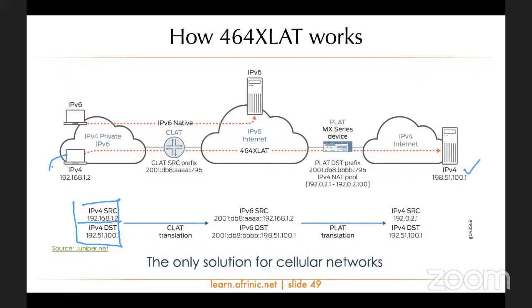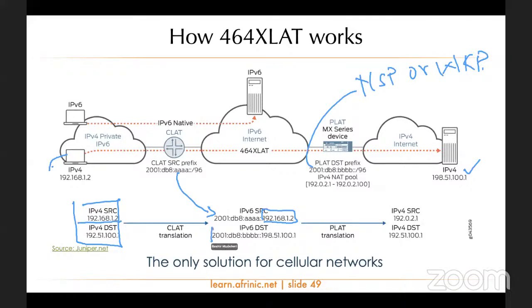We're going to use the source prefix to embed the source IPv4 address, usually in hex. And then we're going to use the network specific or well-known prefix. In this case, it's network specific, since we assume it's the provider's IPv6 address. Once that's done, we'll have our destination v6 address.